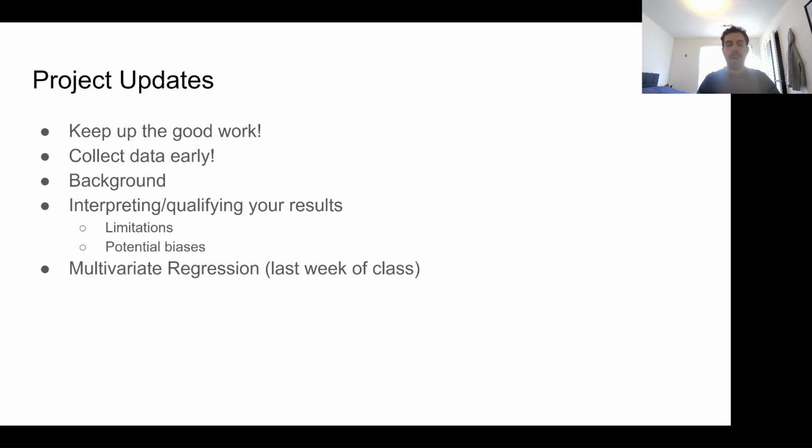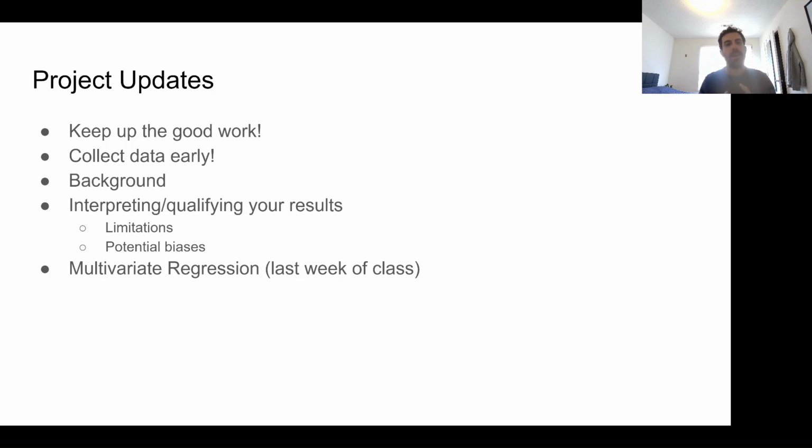Similarly, I want you to be mindful of the potential issues we talked about that could occur with survey and experimentation in the data collection process. So there are limitations to that. Some questions to think about in identifying the limitations: is my sample going to be representative of the population?